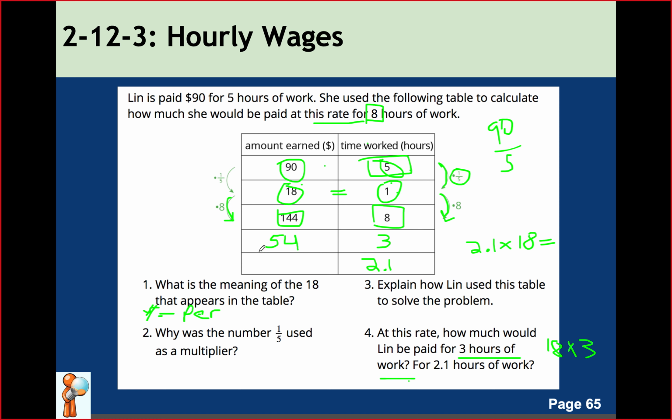That's my paycheck before taxes, because y'all will learn all about taxes. That's actually what we'll be talking about in our next unit. It's going to be $37.80.